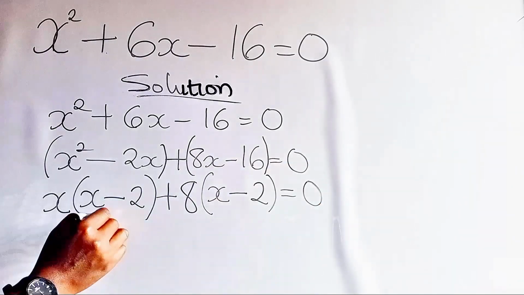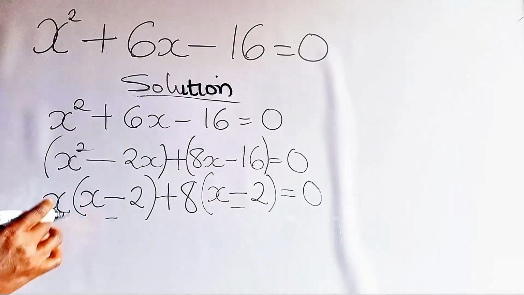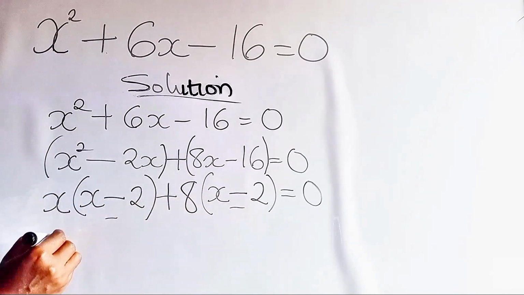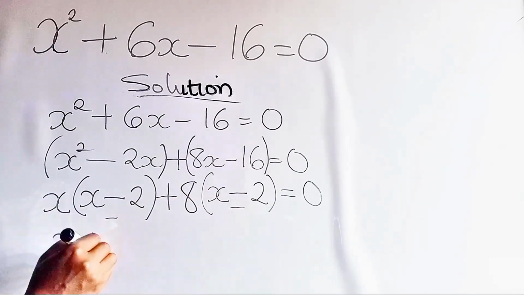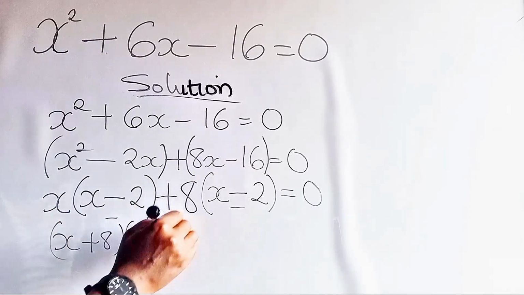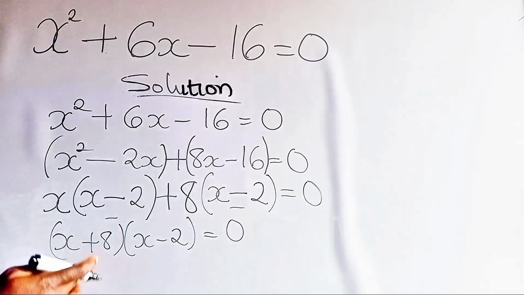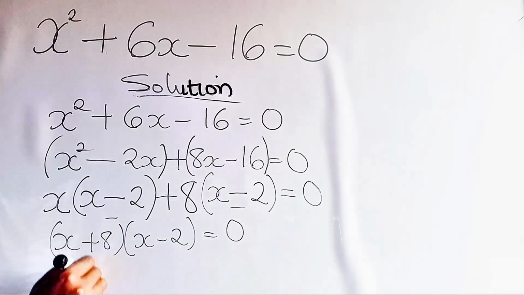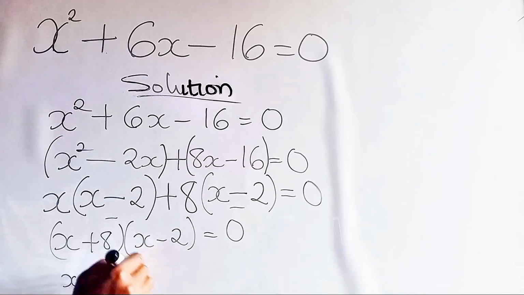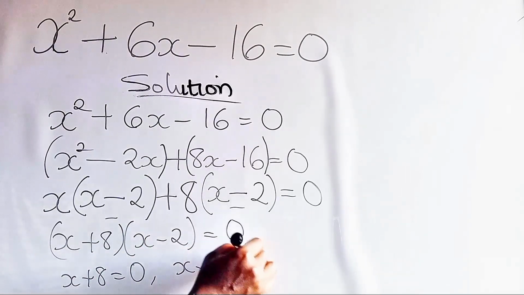Did you notice we have a common term in both brackets? So I'm going to pick one of them. I'll bring out the terms outside the bracket first. x plus 8, and then we have x minus 2 equals 0. Right? So it's either x plus 8 equals 0 or x minus 2 equals 0.